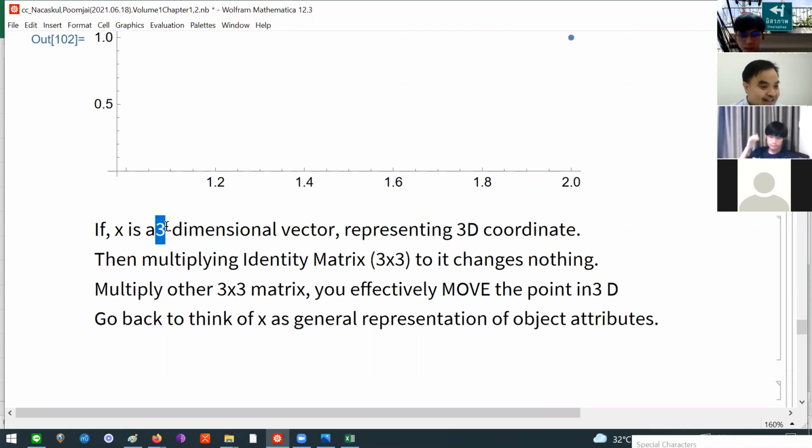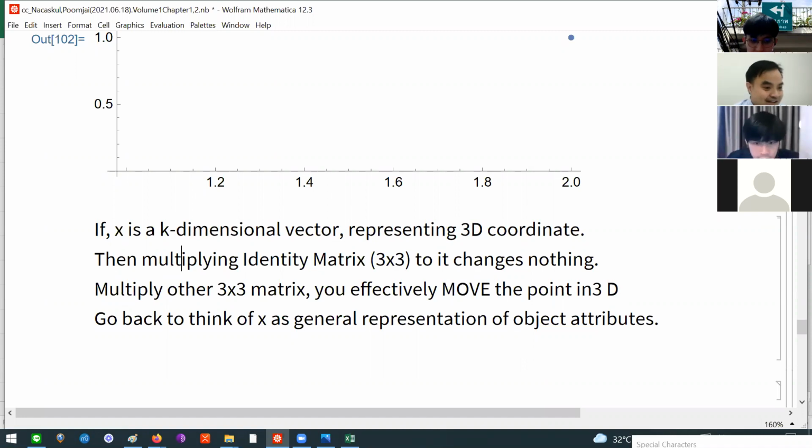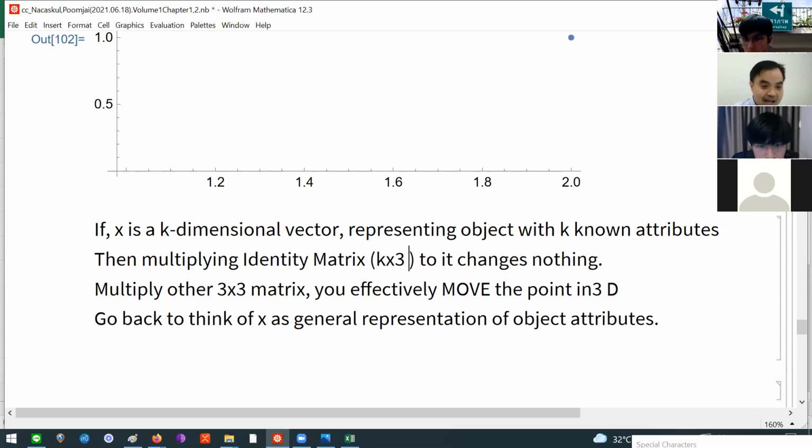Now, if X is a k-dimensional vector representing an object with k known attributes, then multiplying by the k by k identity matrix changes nothing.